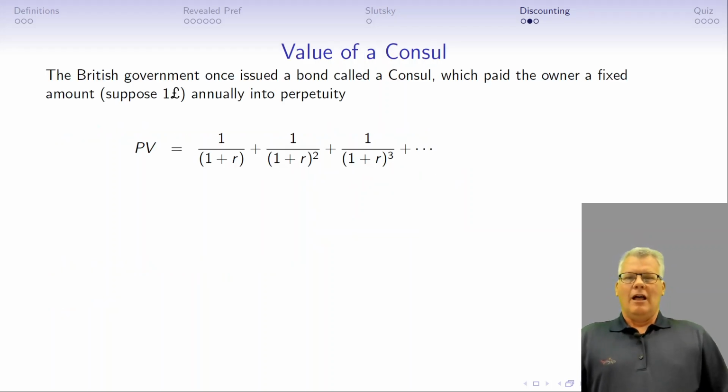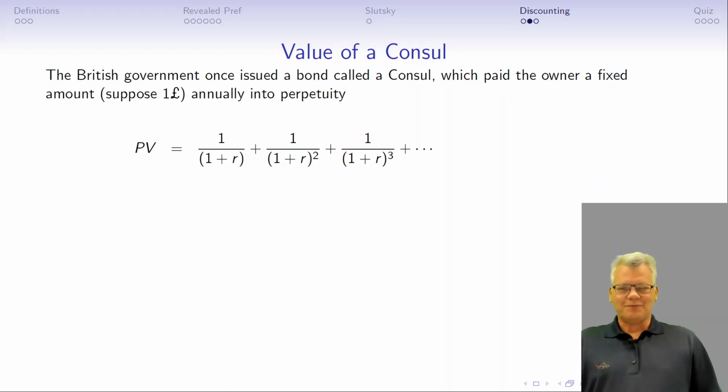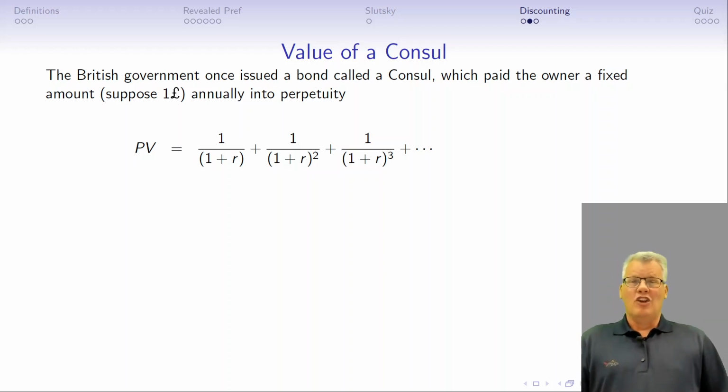Okay. The British government issued this very interesting security back in, I believe it was the mid-1800s. This is the sort of thing that only the British government would do. Right? The American government, when they fund their debt, the Treasury bill, the typical way of doing it, is a promise by the U.S. government to pay the bearer a certain amount of money in 90 days. Right?